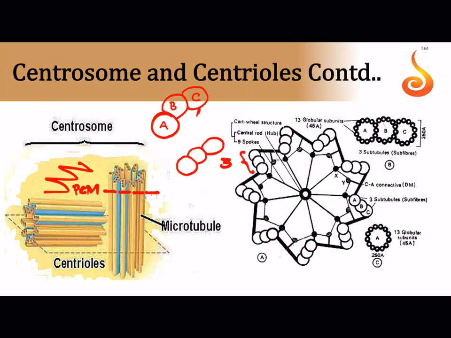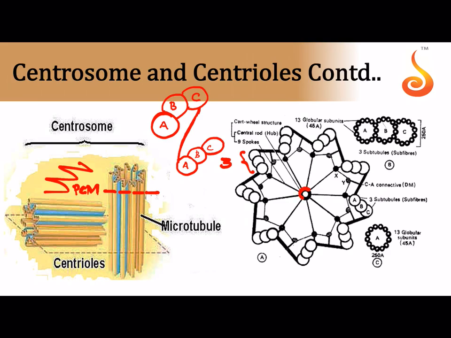Generally the C of one microtubule triplet and the A tube of the next triplet are connected together by proteinaceous substances which are referred to as the linker. So this is A, this is B, this is C. Is it clear? So this gives the entire centriole the appearance of a cartwheel.